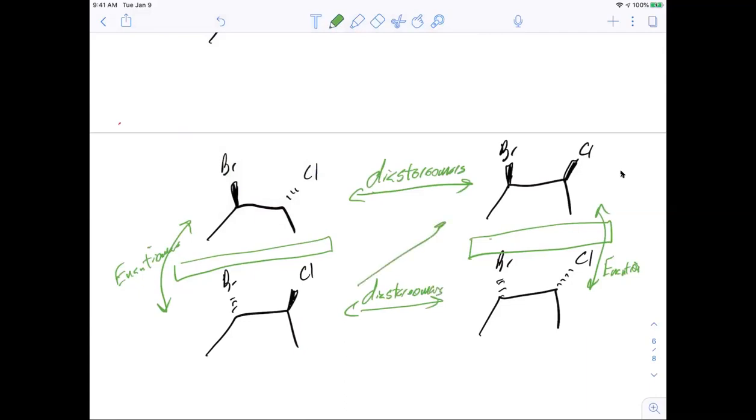That would mean these two are diastereomers. And that would mean those two are diastereomers. So in this case, we have two sets of enantiomers, right? And we have four sets of diastereomers.